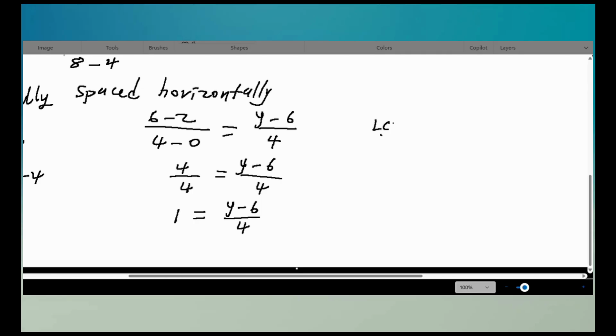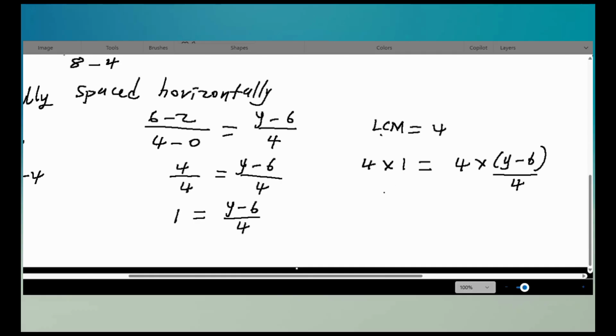The LCM is going to be 4, right? So we're going to multiply 4 by 1, then equal to 4 by y minus 6 all over 4, right?